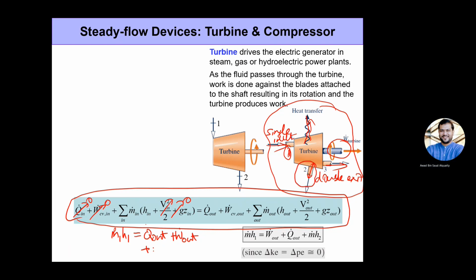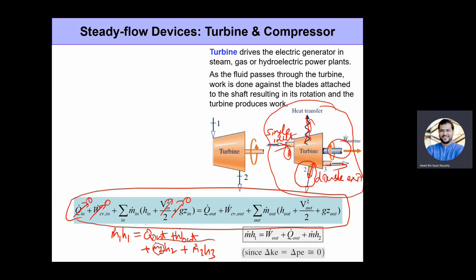So it's m dot 2 h2. Remember, we need to take into account the mass flow rate at which it's going. So the mass flow rate at state 2 is very important. Plus again the mass flow rate and the associated enthalpy that's going out at state 3, so m dot 3 h3.